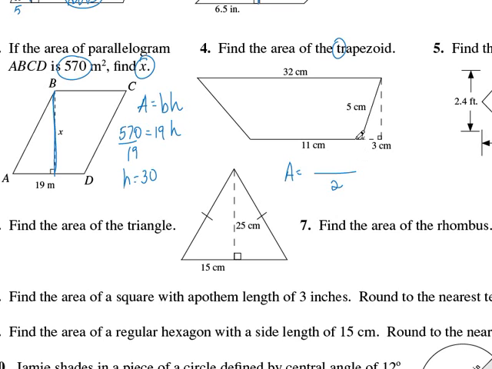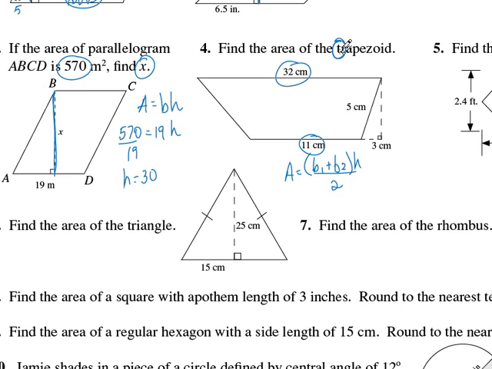But how many bases do we have? We have 2 bases. We got 1 here and we got 1 here. So it's the 2 bases times the height, correct? If you have to sit there and say, okay, I'm going to go through all these formulas, the area is B1 plus B2 times H over 2. Do you need to do that? No. Think of my little tricks.